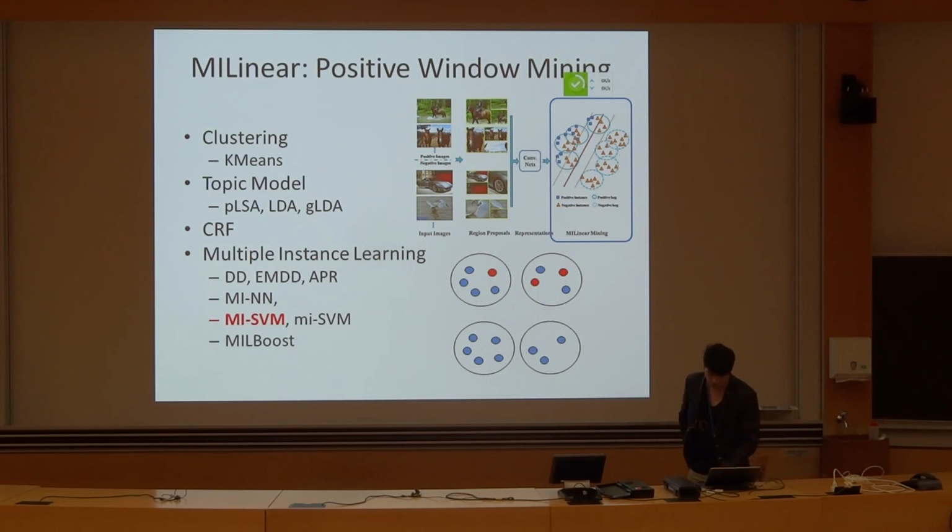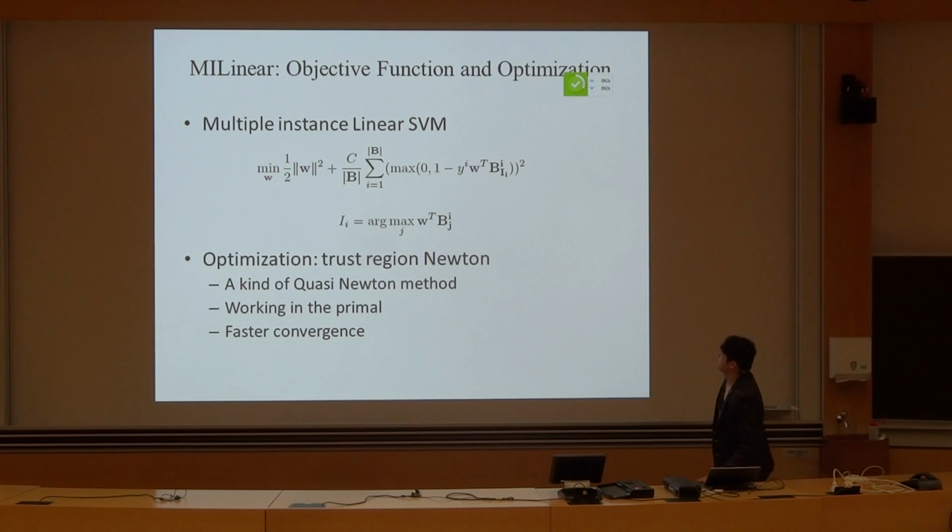There are a lot of works on this problem. We can see clustering, topic models, CRF, and the most typical one is multiple instance learning. There are a lot of methods in multiple instance learning. We use the SVM. Here is the objective function and optimization of our method. I won't talk about it in detail, but just pay attention here: this is a linear model, so it can be very fast.